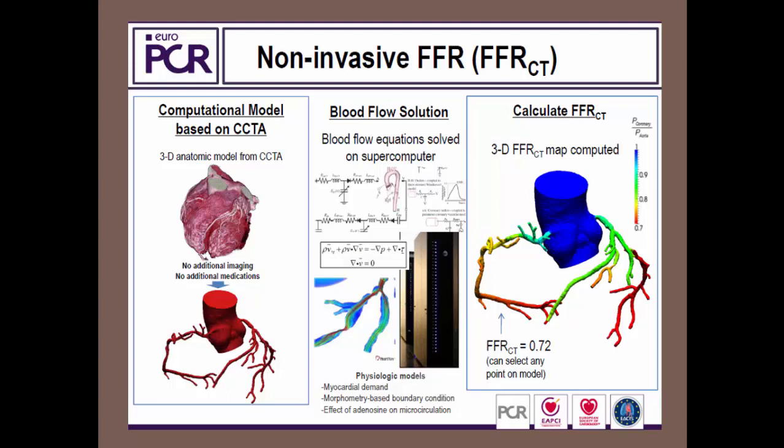There are two methods on CT that we can use to assess ischemia. One is the CT FFR, and the other technique is stress perfusion imaging, like how we do stress MRI or stress nuclear imaging. Stress perfusion imaging, one of my colleagues from Brompton is going to talk about on Thursday morning. So I'm just going to focus on CT FFR here.